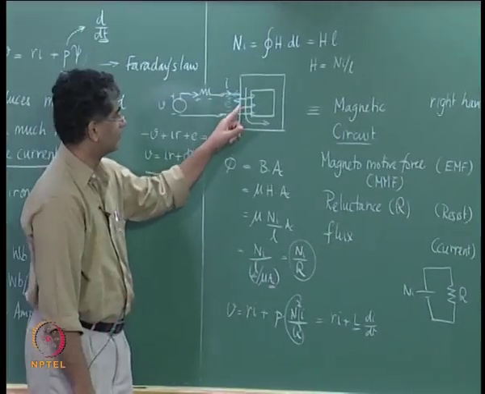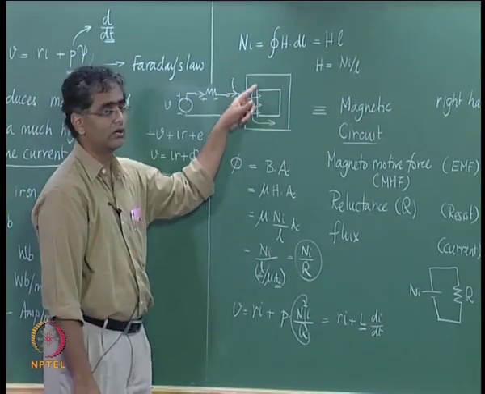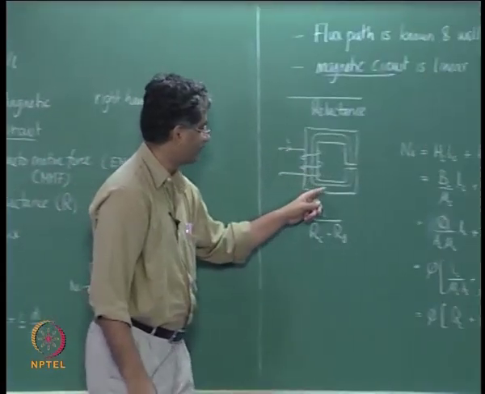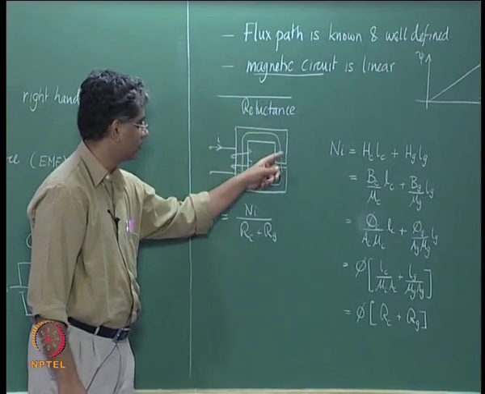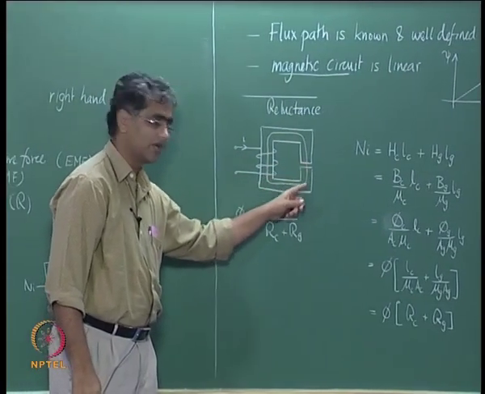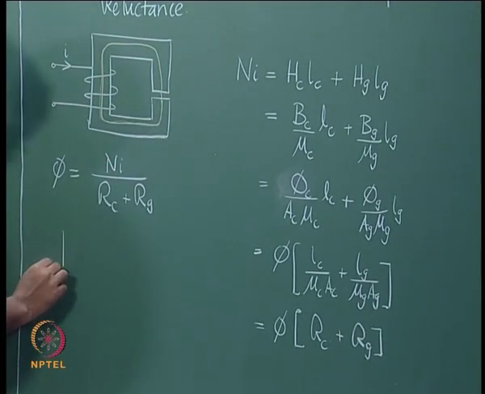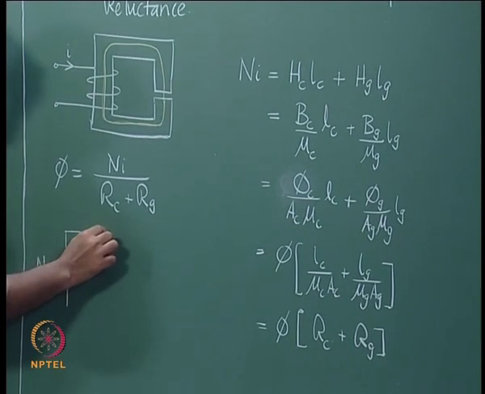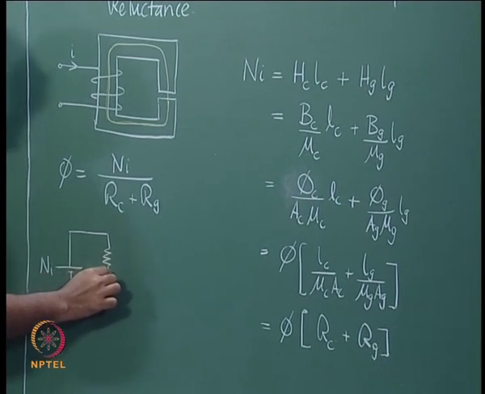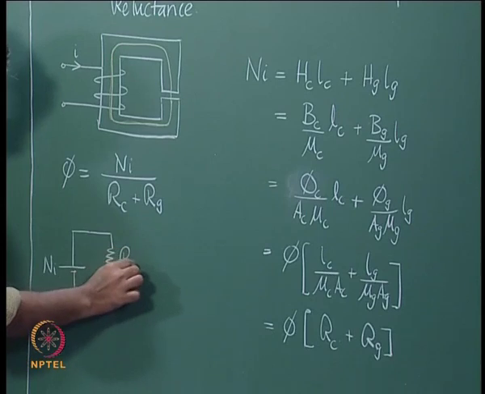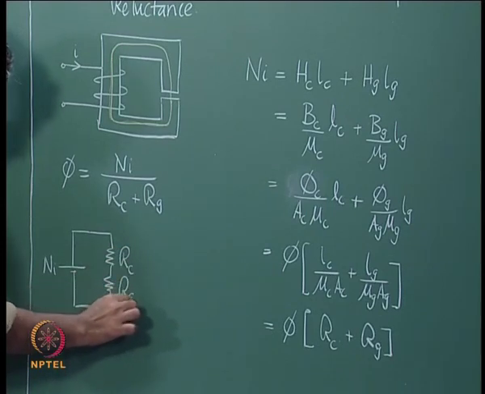There is a single value for R because there is only one core, that is all there is. But now in the path of the flux you have the reluctance of the core plus the reluctance of the air gap coming in series in this loop, and therefore you now have the MMF that is generated here, and then the reluctance of the core and the reluctance of the air gap, both occurring in series, Rc and Rg.